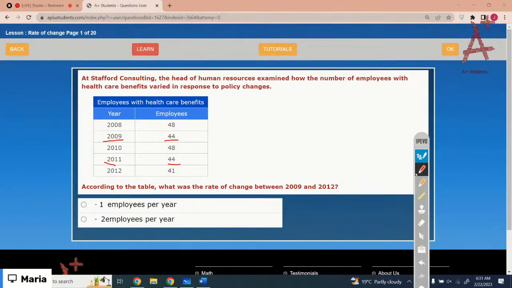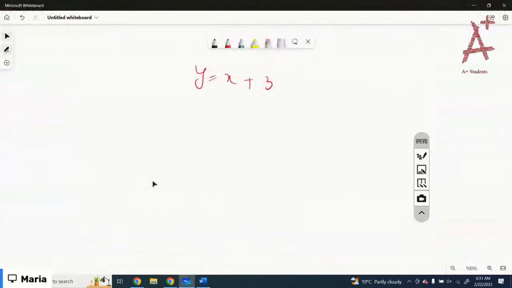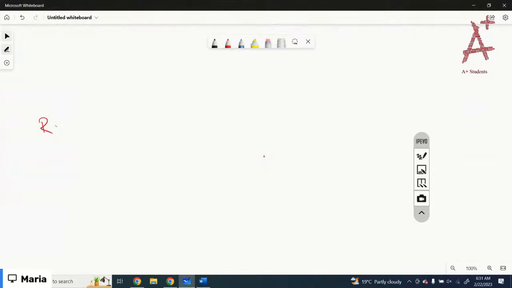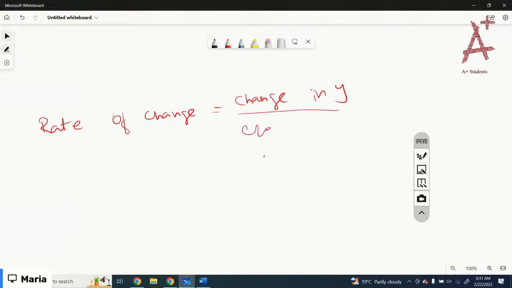Got it? Whenever you have to calculate the rate of change, it is always change in Y divided by change in X. Basically, that is the slope of the graph. Rate of change equals change in Y divided by change in X. Got it?